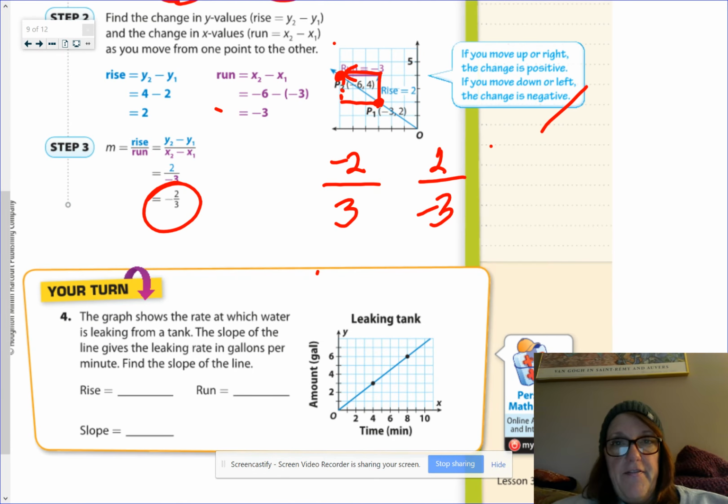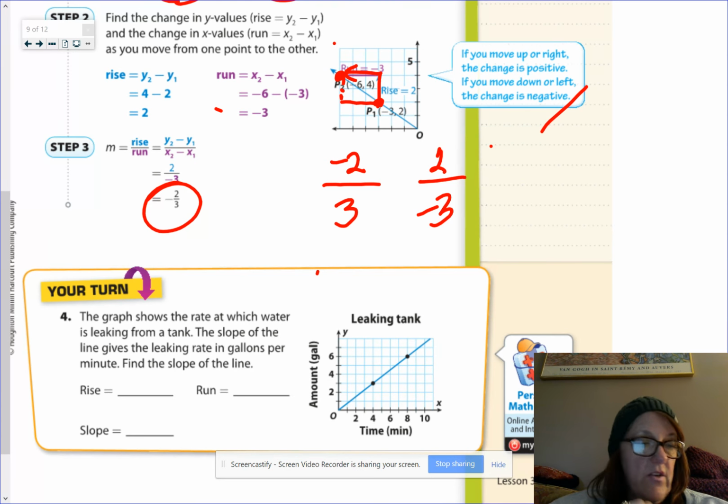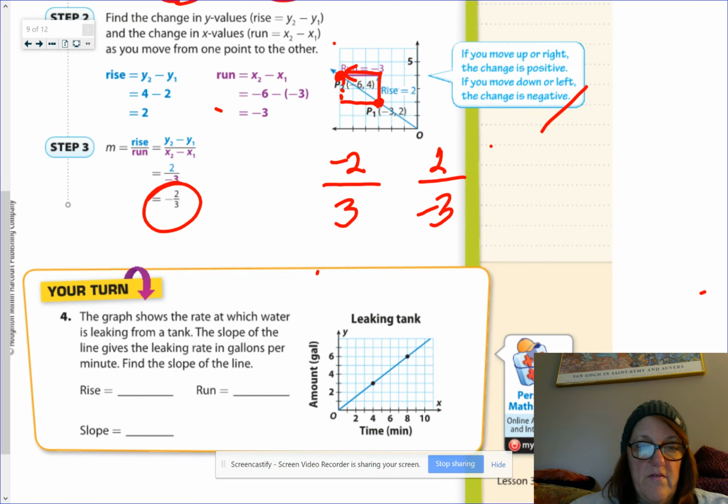Let's take a look at number 4 here for your turn. Here you have a graph. It's showing the rate at which water is leaking out of some kind of tank. And so the slope of the line will give you this information: the rate at which the leaking in gallons per minute is occurring out of this tank. Find the slope. So take a look at this picture down here.